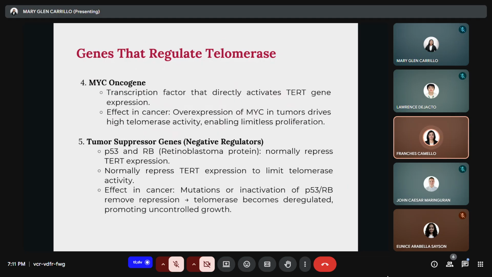And when the brakes fail, telomerase activity shoots up, contributing to uncontrolled growth. Tumor suppressor genes, from the term suppressor, suppress. So they basically act as the brakes. If these brakes cannot function well, then it contributes to uncontrolled growth in cancer cells. That's the gist, guys.